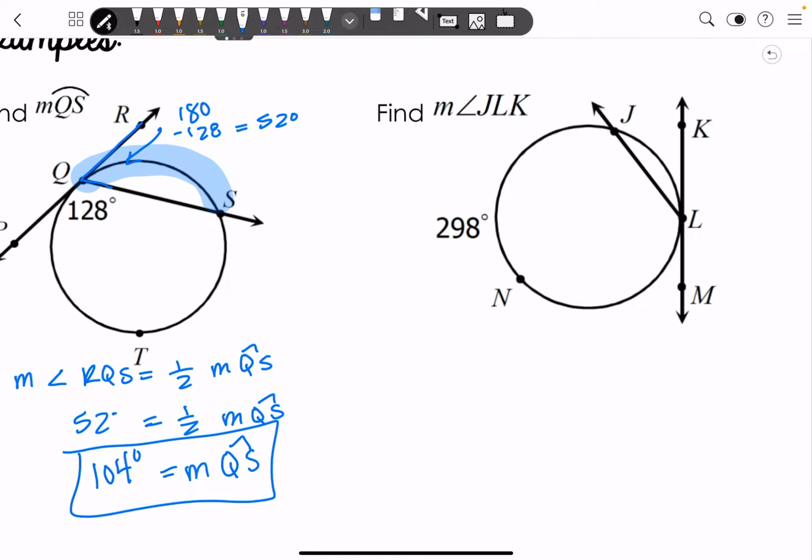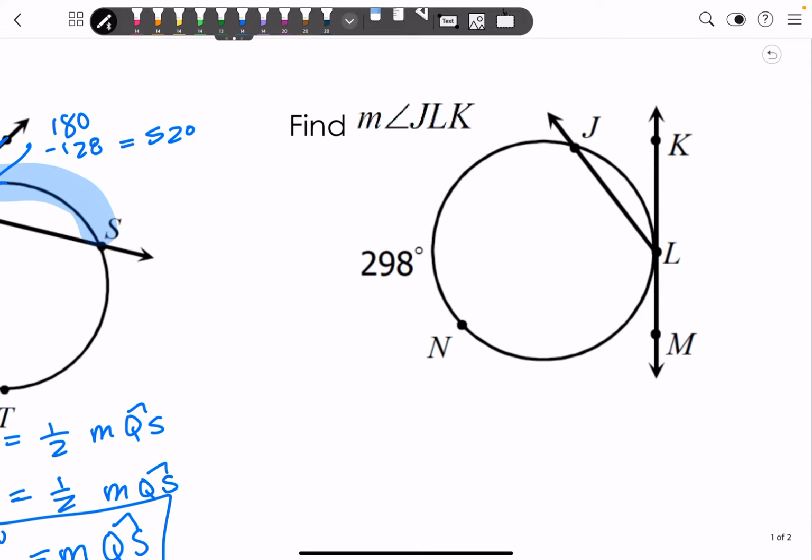Similar to this one, we're having to find the measure of angle JLK. We're going to have to work backwards a little bit, and you can do it two different ways. First, you can figure out that this entire arc right here is 298 degrees. Let me put that back in because that's what we're looking for. So you can either figure that out and then figure out the measure of arc JL and go halfway backwards.